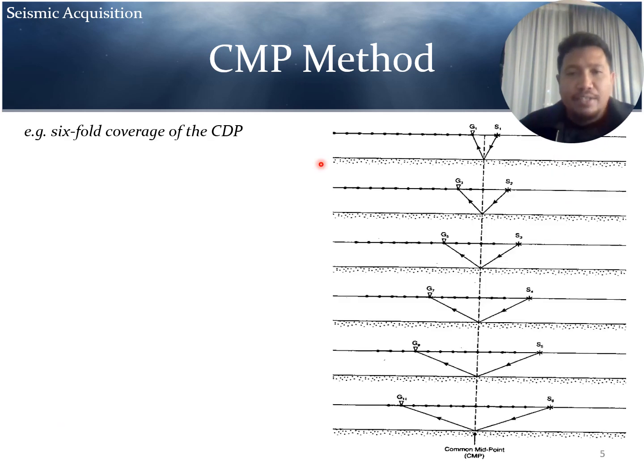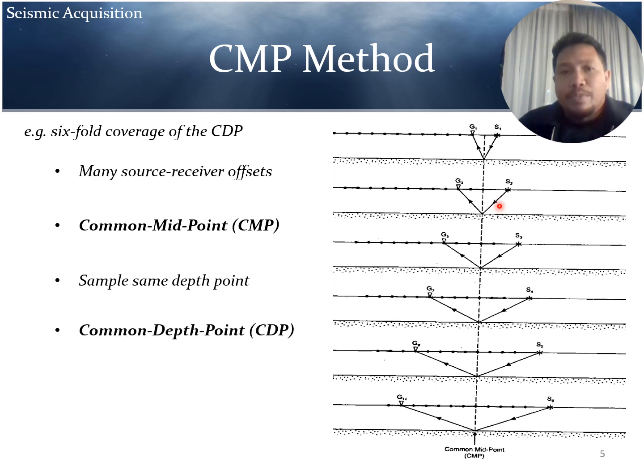The basic understanding of how the CMP method is produced is illustrated in this figure on the right. In order to get a common reflection point at this particular point, the acquisition setup always needs to be set up as the end-shot technique, which we are going to discuss later.